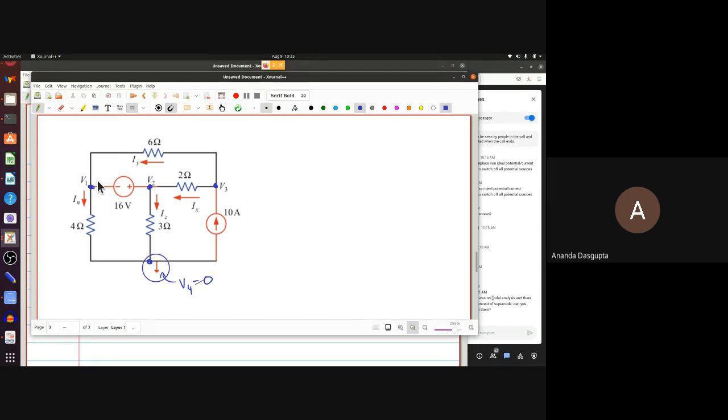But remember, the formula that we had there was I0 is V0 by R0 and Y0 is 1 by R0. That's the connection that allows you to replace the voltage source by an equivalent current source. The trouble is this voltage source has no series resistance. This is an ideal voltage source. An ideal voltage source cannot be replaced by an equivalent current source simply because an R0 of 0 would make both of these equations meaningless.